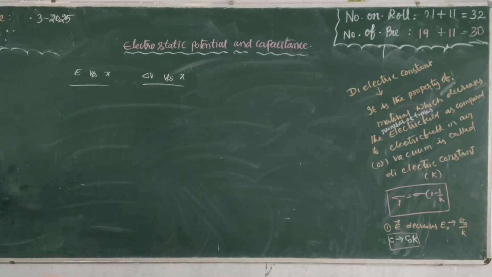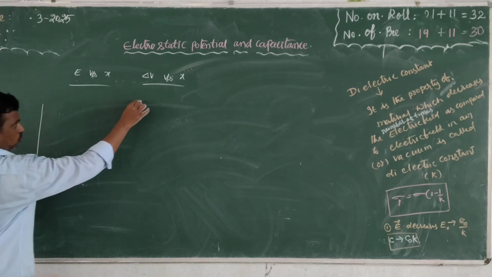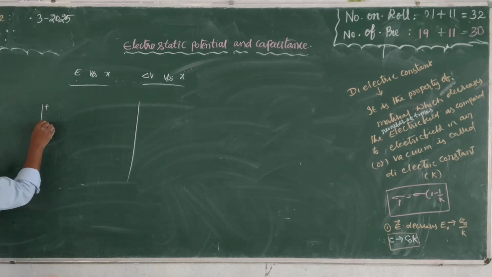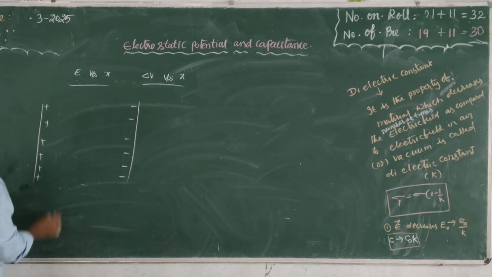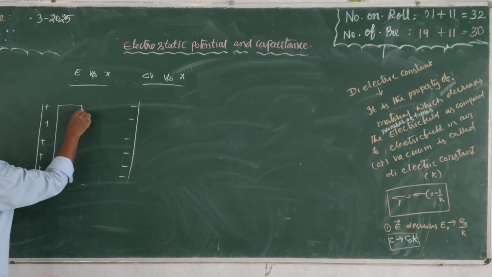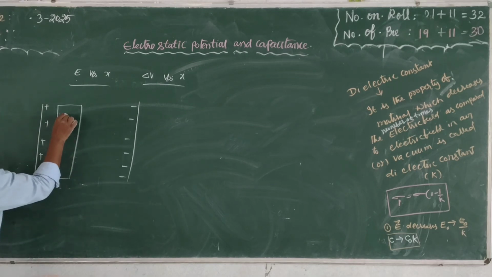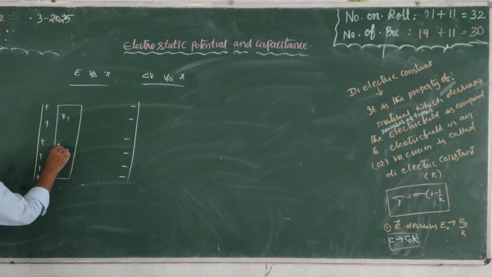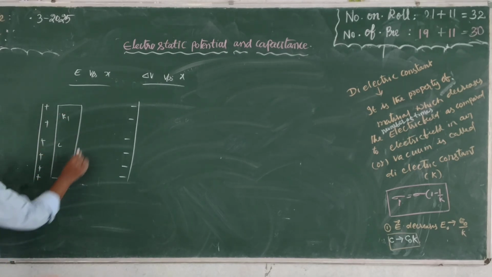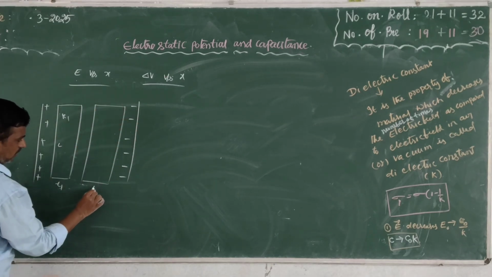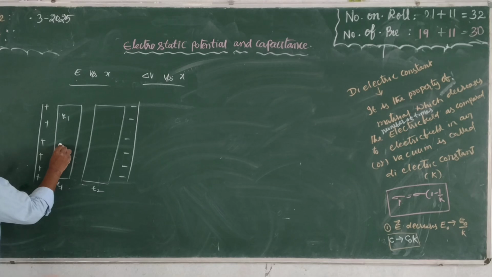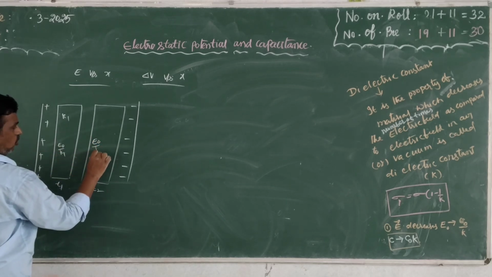For that, we take two dielectrics placed between the plates, plus and minus. One dielectric has dielectric constant K1 and thickness T1. One more dielectric has constant K2 and thickness T2. Its electric field is E naught by K1, and the other is E naught by K2.